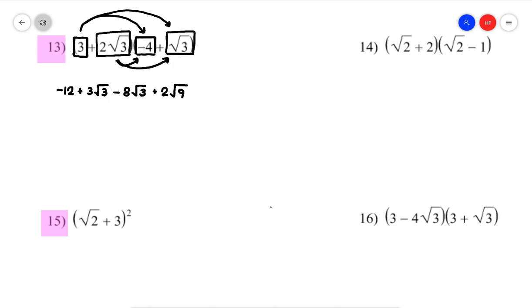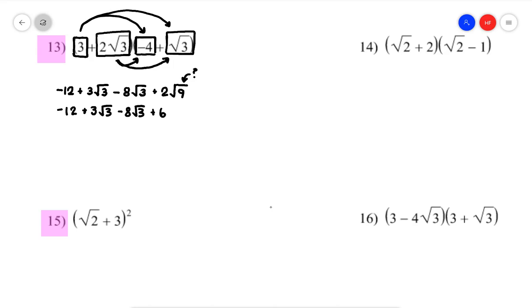So now we're going to combine them like we were on the first page. Here, though, square root of 9 is 3, so that's 2 times 3. So we have negative 12 plus 3 root 3 minus 8 root 3 plus 2 times 3, which is 6.